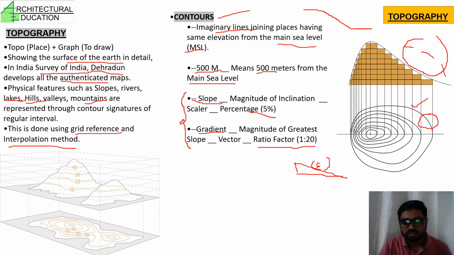In other words, we can also say that slope is a scalar, whereas gradient is a vector. Slope is the magnitude of inclination, whereas gradient is the magnitude of greatest slope. So that means the slope is there throughout this area, but the gradient will be drawn at one particular point.